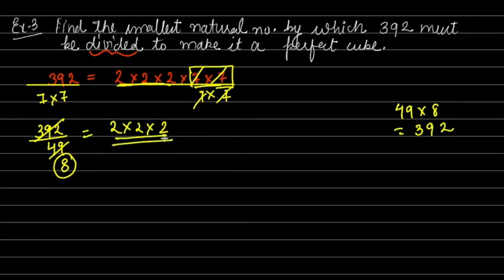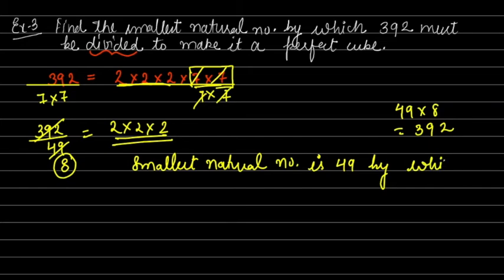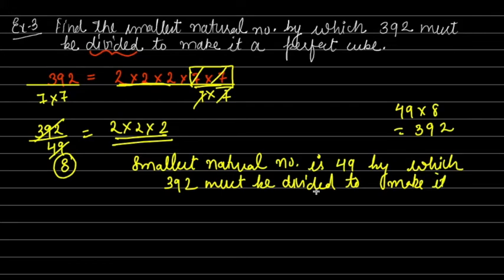So what we have done, we have divided by 49 on both sides to make the given number a perfect cube number, right? So how will you write the answer: the smallest natural number is 49, by which 392 must be divided to make it a perfect cube.